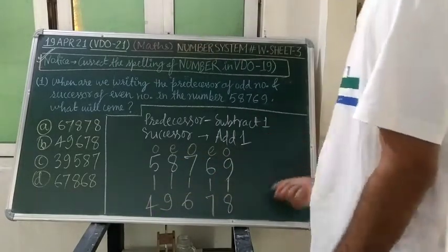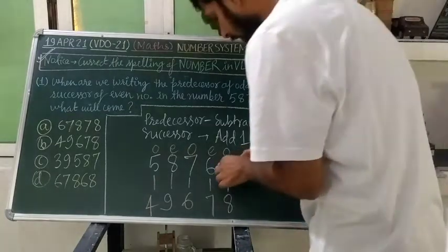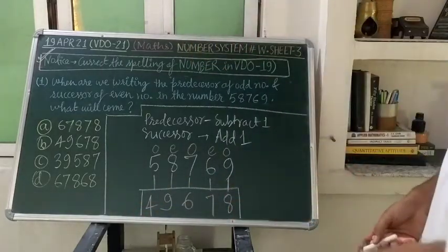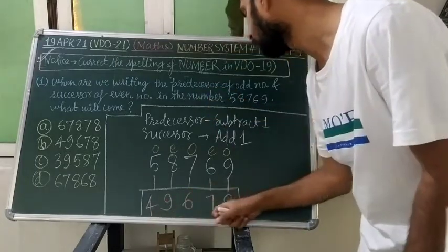Predecessor means subtract 1. So what are you seeing? Our number is coming 4, 9, 6, 7, 8. While doing this task, we are getting the number 4, 9, 6, 7, 8.